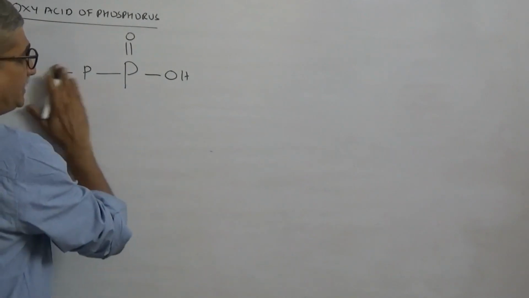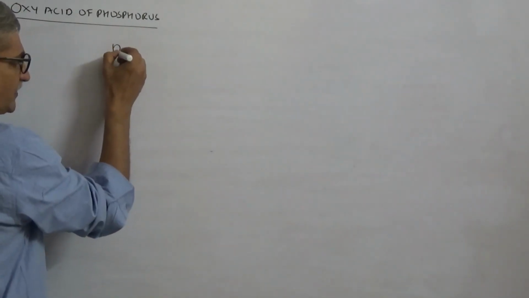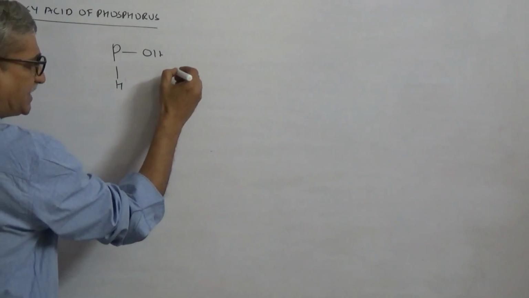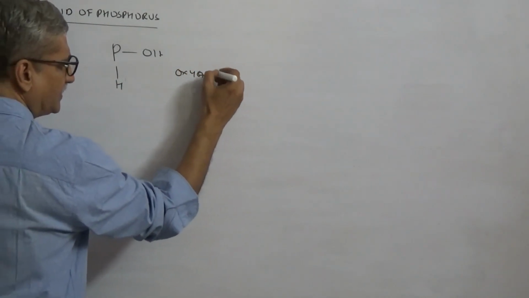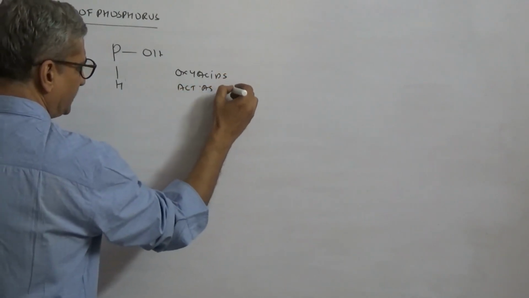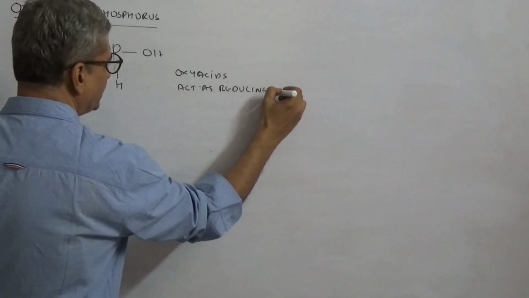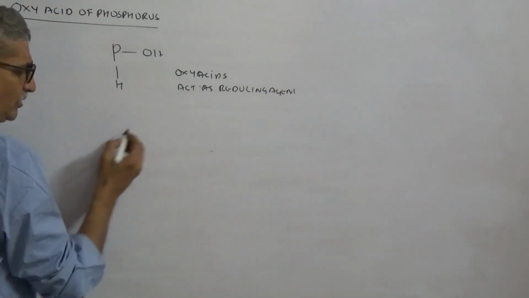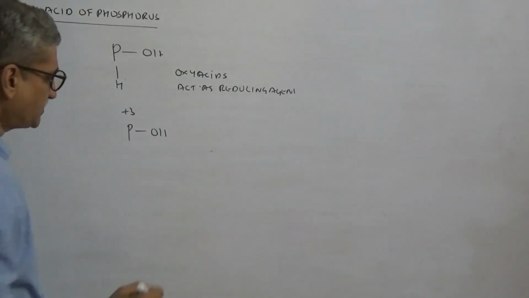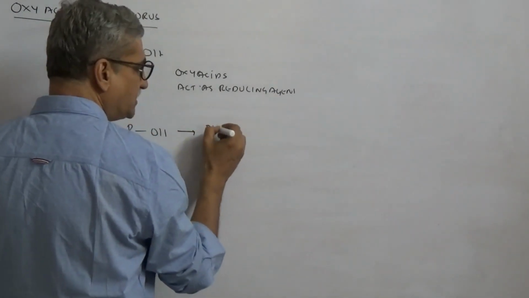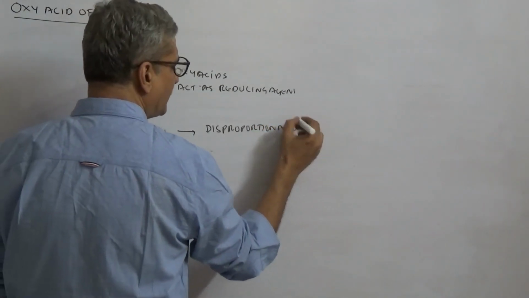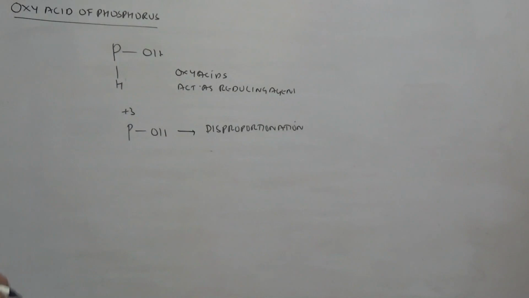Is this clear? Whenever phosphorus is attached to a hydrogen, these kinds of oxyacids act as reducing agents. One more thing: when you have an oxyacid where phosphorus has a +3 oxidation state, it undergoes disproportionation. Is this clear?